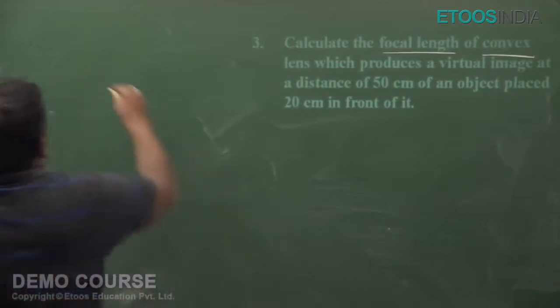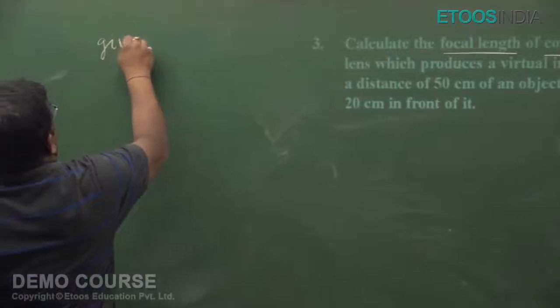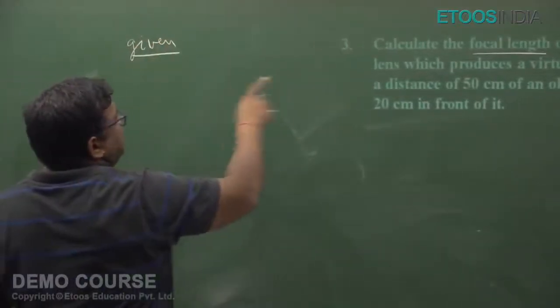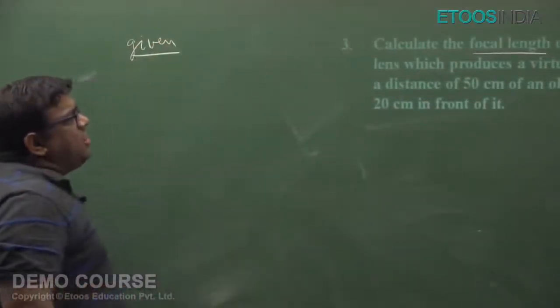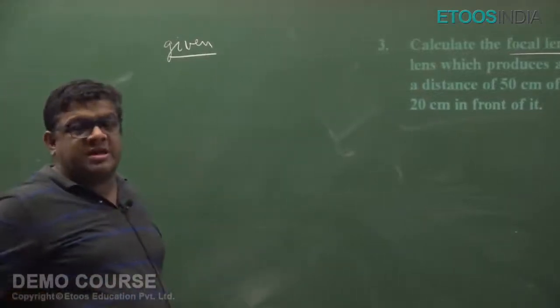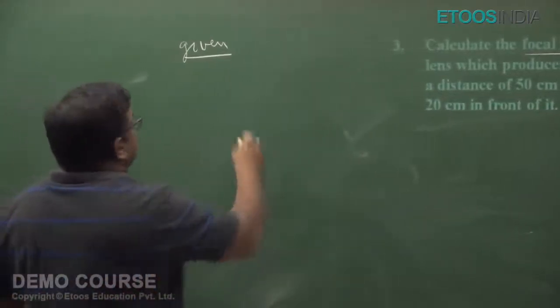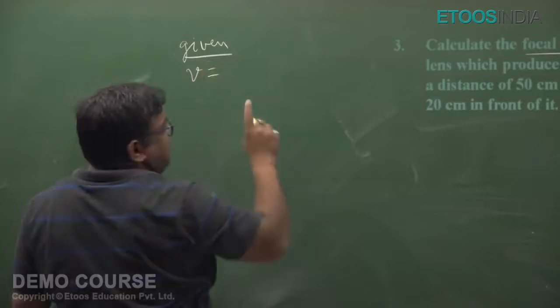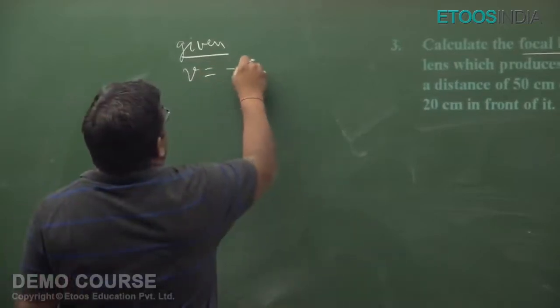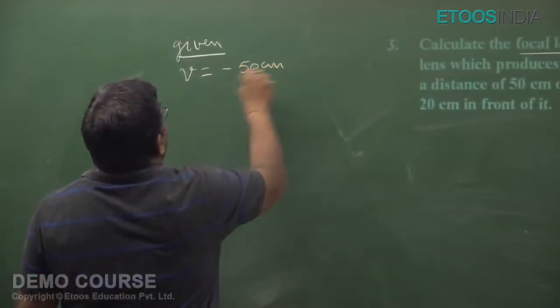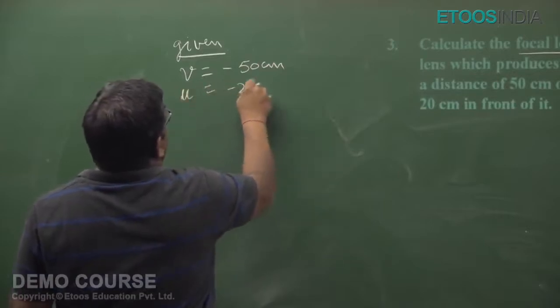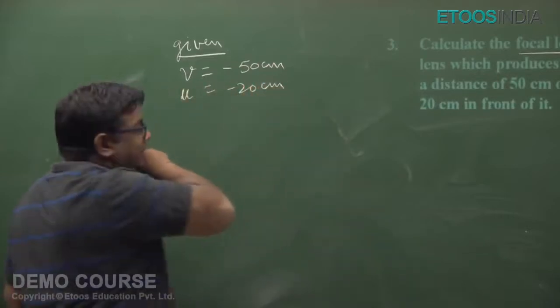So, things given here are, it's convex lens, got it, and it's producing the virtual image. We know that for virtual image V is always negative, so we'll take it minus 50 centimeter and U is minus 20 centimeter.